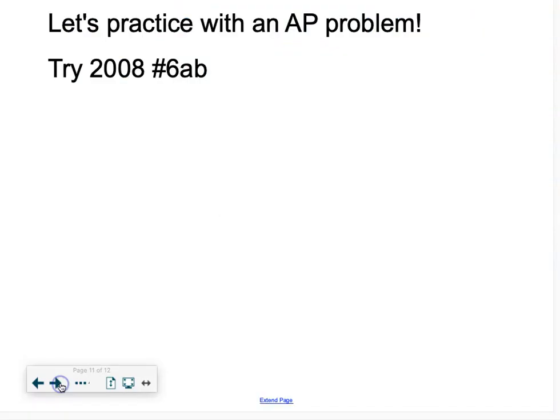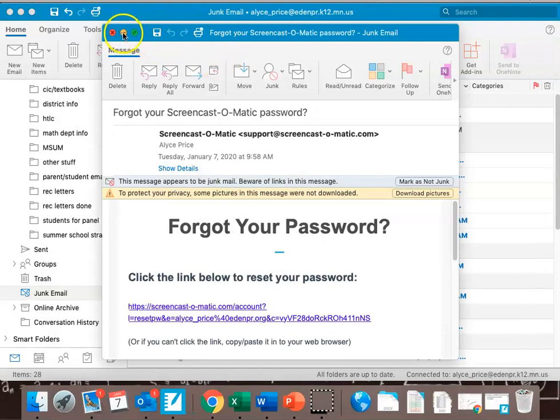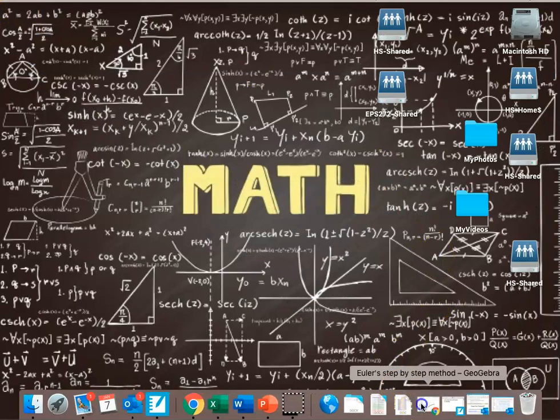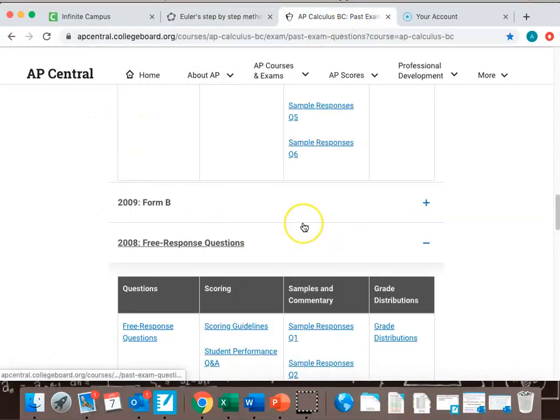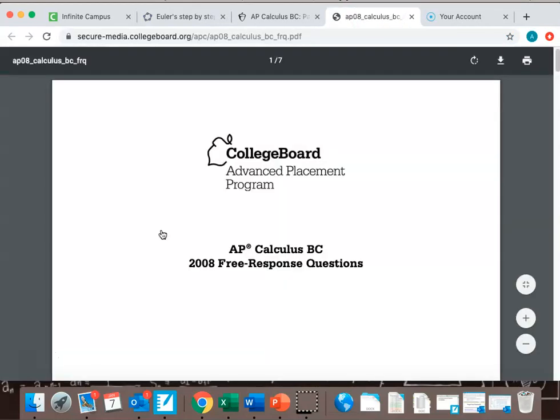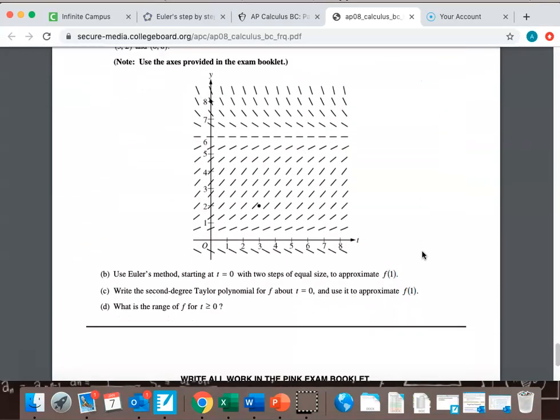Okay. All right, so we're going to do an AP problem. And I want this on your whiteboards, but just know the first part is going to just be a rough sketch, and that's okay. So we're going from 2008. This is problem number 6.